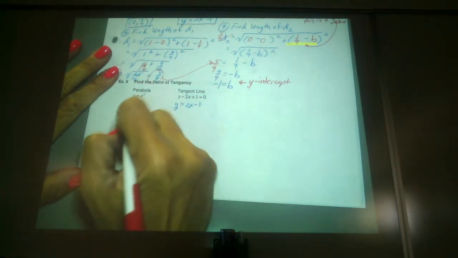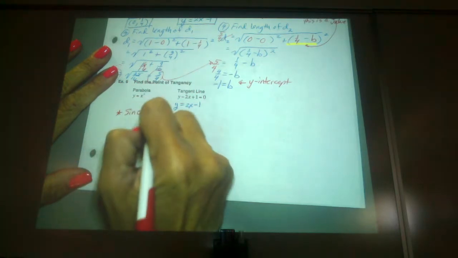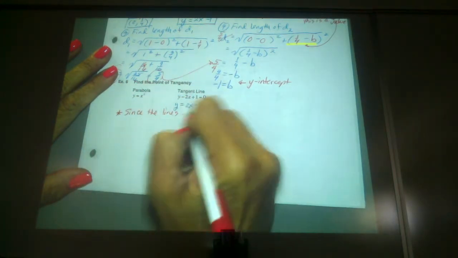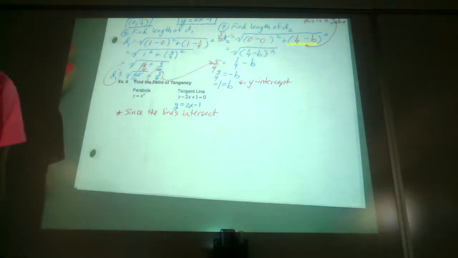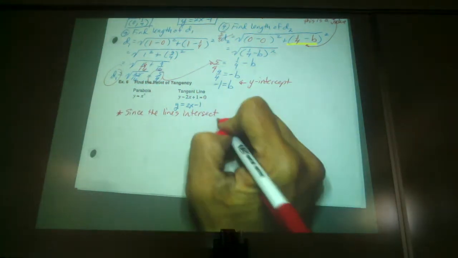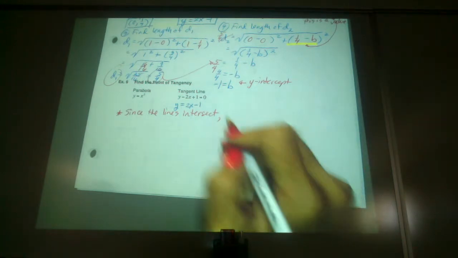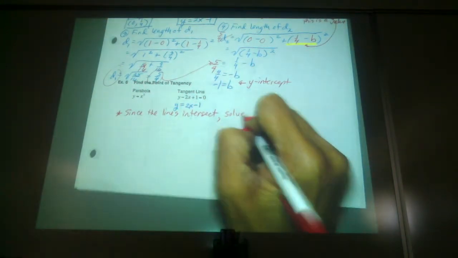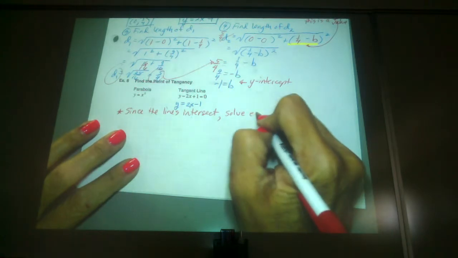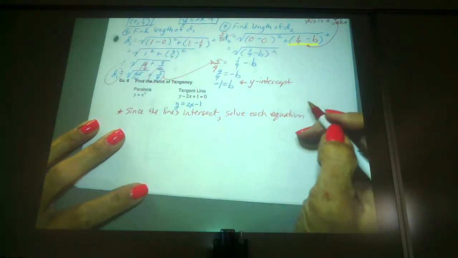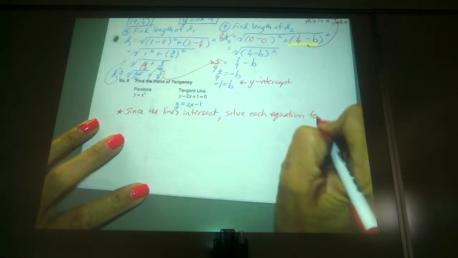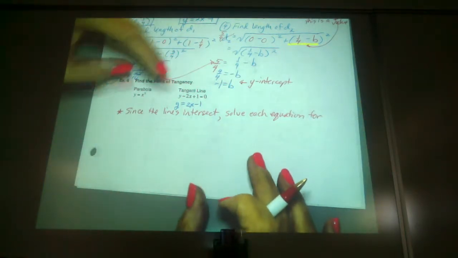Since the lines intersect, solve each equation. And in this case, we're going to solve for y.